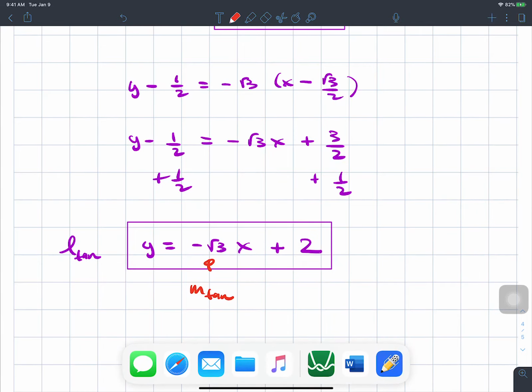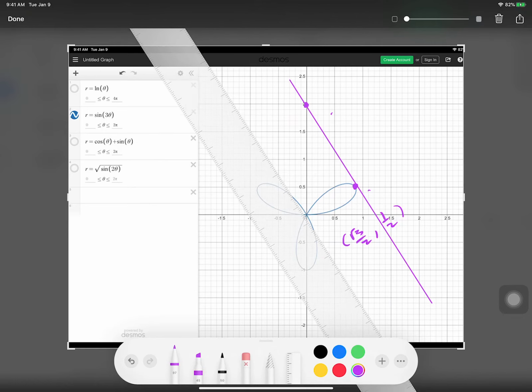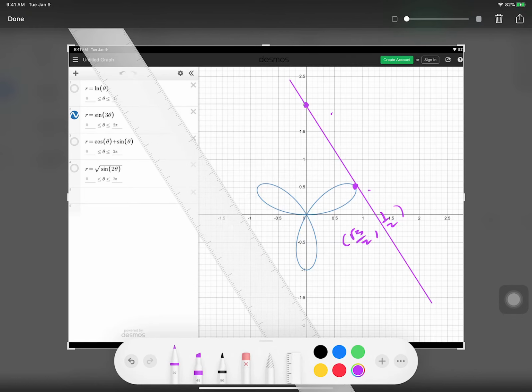Oh, there is. Wow. That's amazing. Look at that, ladies and gentlemen. L tangent, essentially. Beautiful. And notice that it's a negative slope.